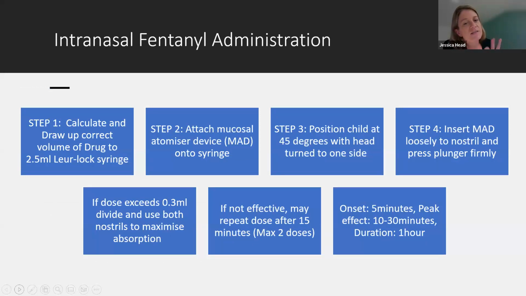If the dose exceeds 0.3 mils, then you divide the dose for each side to maximize absorption. And you wait about 10 to 15 minutes. If you don't think it has given adequate analgesia, then you can repeat that dose. Usually it's very effective within 3 to 4 minutes. It peaks between 10 minutes and half an hour and lasts for an hour.